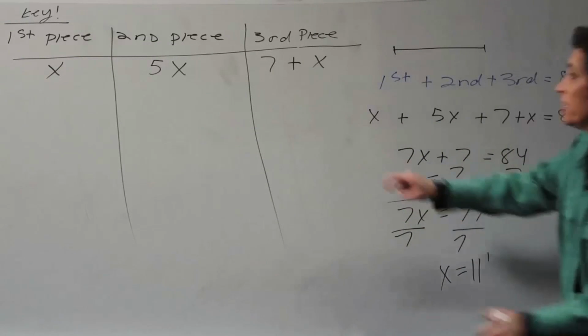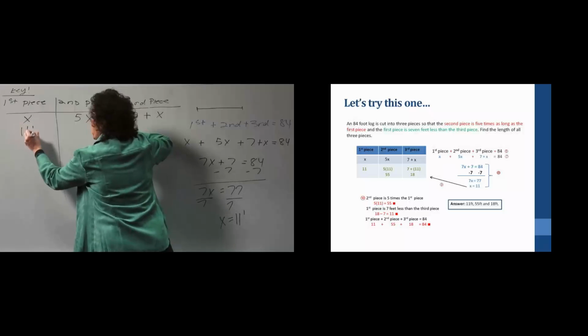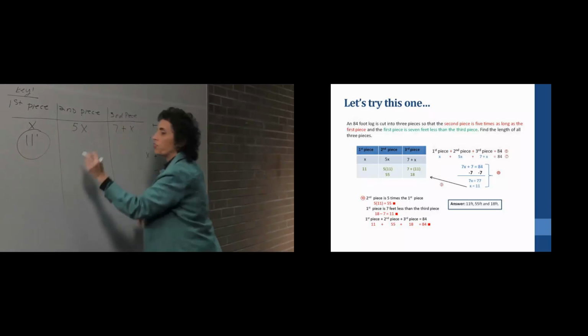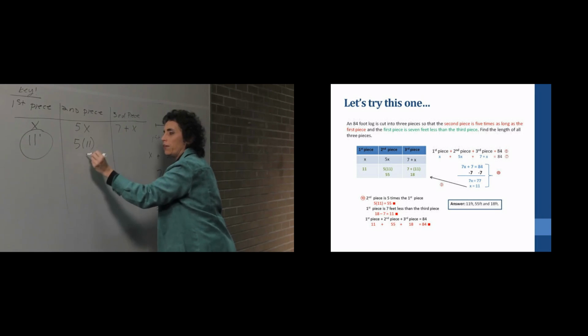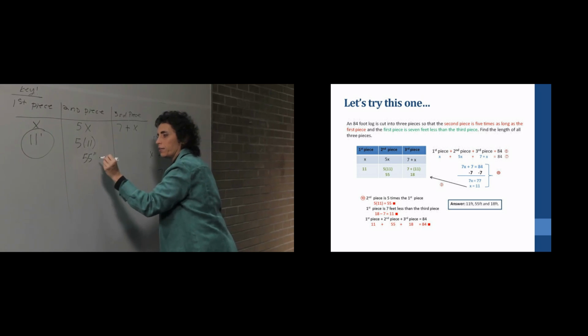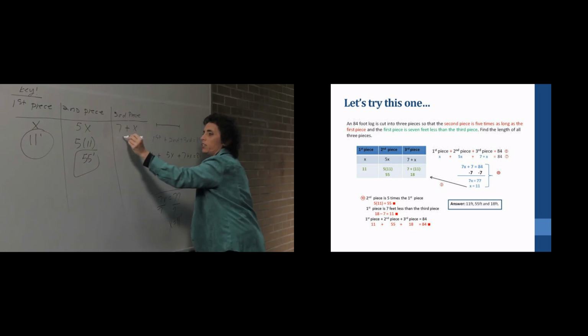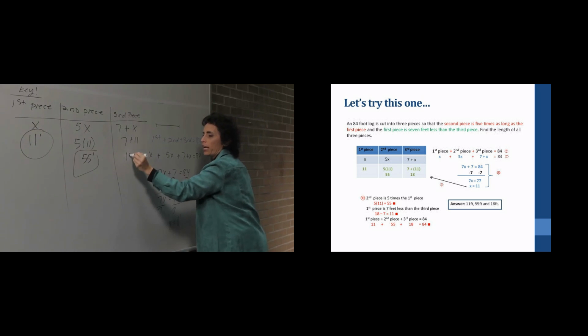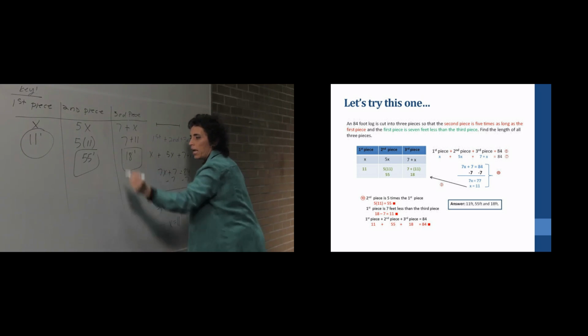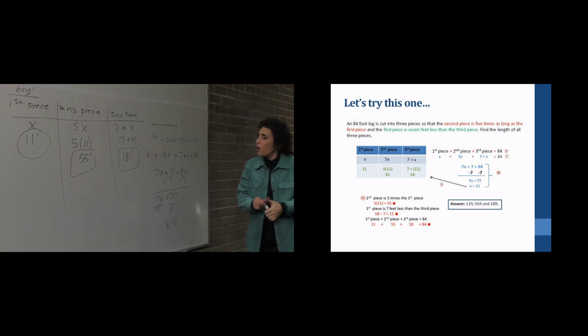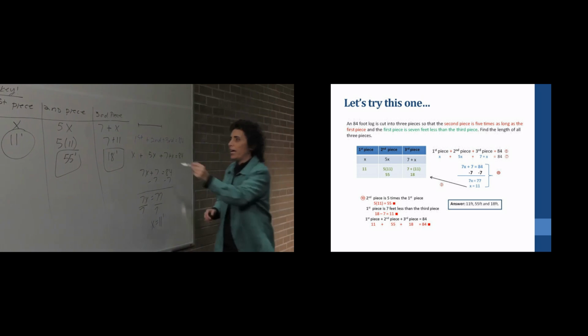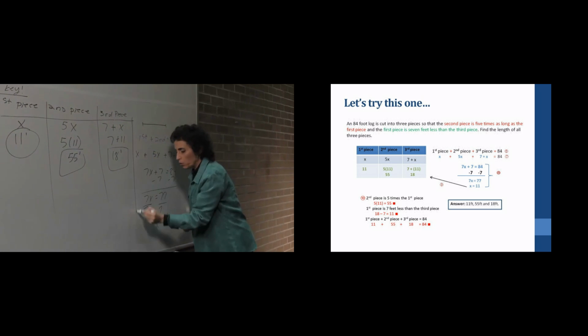What is 11 feet? 11 feet is the first piece. The second piece is 5 times 11, or 55 feet. Not inches, feet. The last piece, 7 plus 11, or 18 feet. Almost all of these checks can be done in your head. If I did this right, it will follow the words.